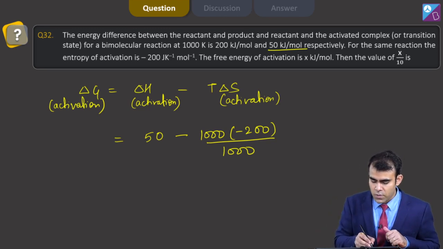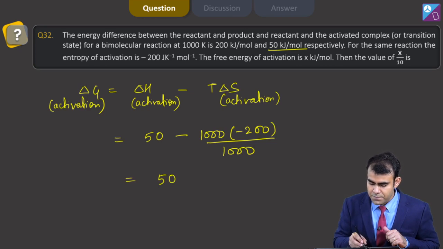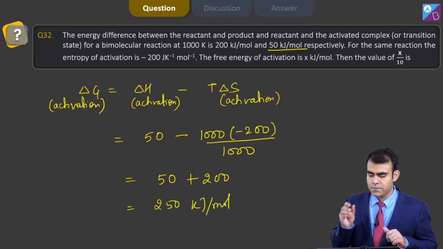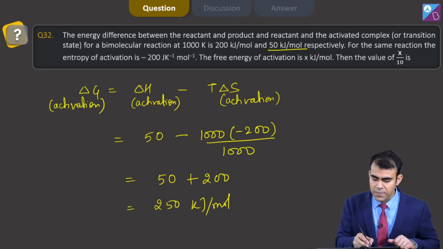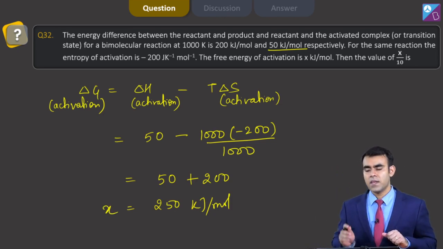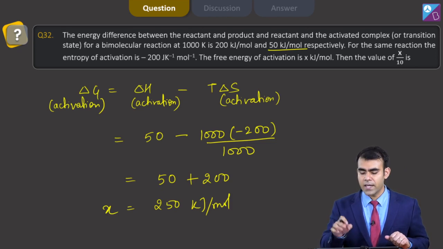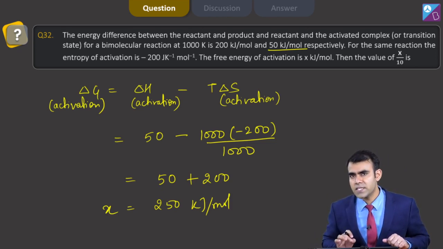Now after that what we are left with is 50, and this becomes a positive sign, minus minus positive, and here we have 200, so this is 250 kilojoule per mole. Now this value is basically x, but here we are asking what is the value of x by 10.